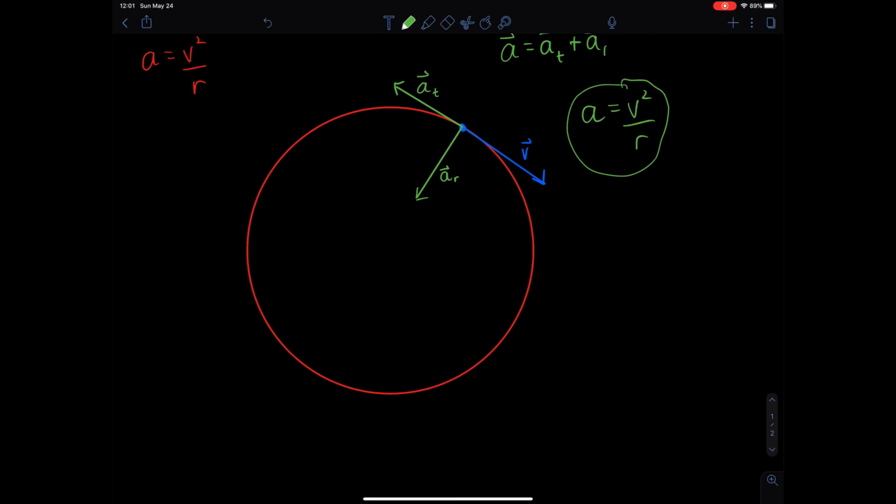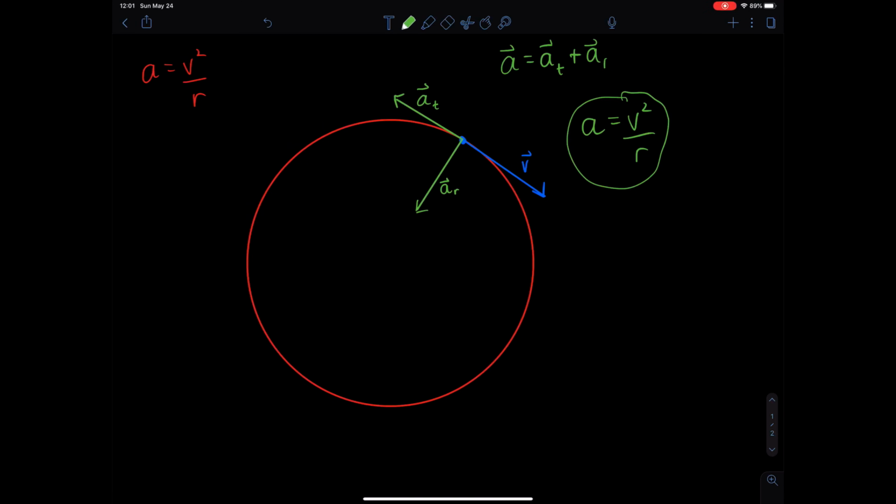Now, you probably won't talk about solving for these components in a normal physics class, but there is a way to solve for these components. And that's something you'll take a dive into in a normal Calc 3 course.